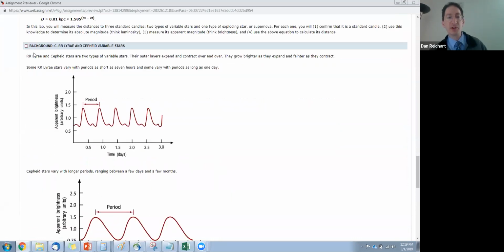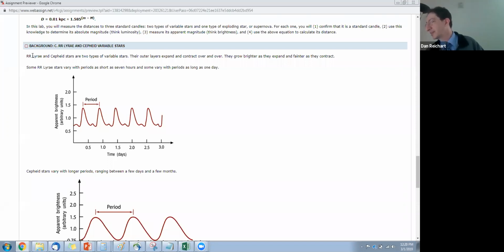So the variable stars we're using are Lyraes and Cepheids, and in class, I explain them in great detail, especially in Astro 102, because we're into Astro 102 material now. But here in the lab, that can be done by people from Astro 101. I try to keep it really simple. I describe them as stably unstable stars.